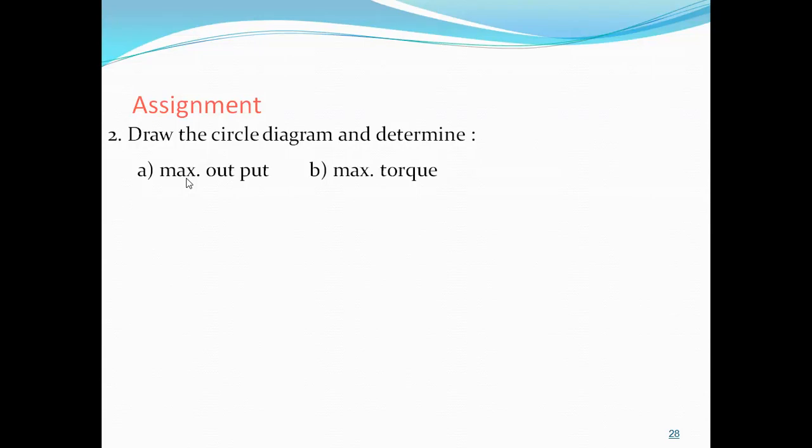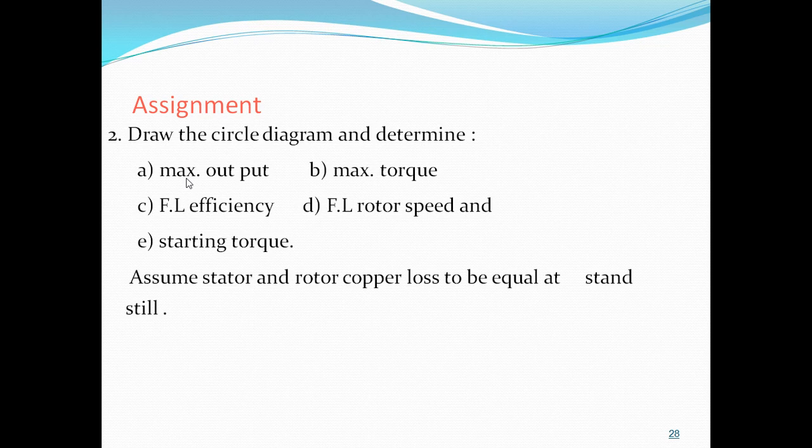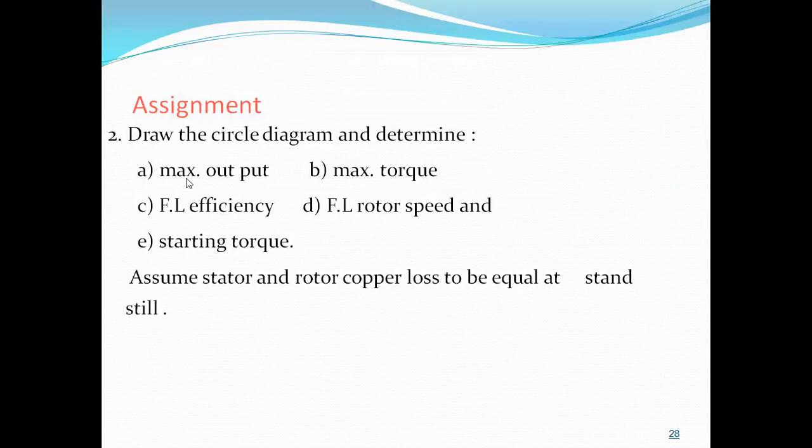So what we have to calculate: maximum output, maximum torque, full load efficiency, full load rotor speed, and starting torque. In this problem also it is given: assume stator and rotor copper losses to be equal.